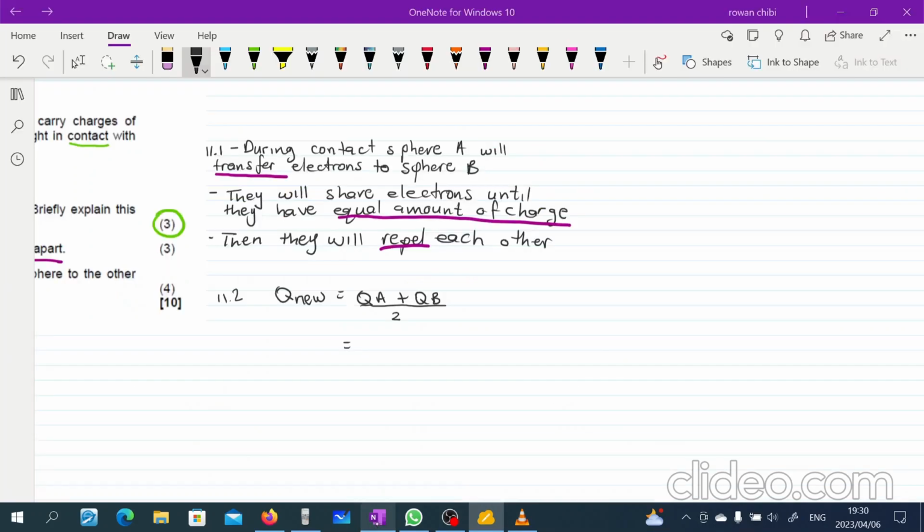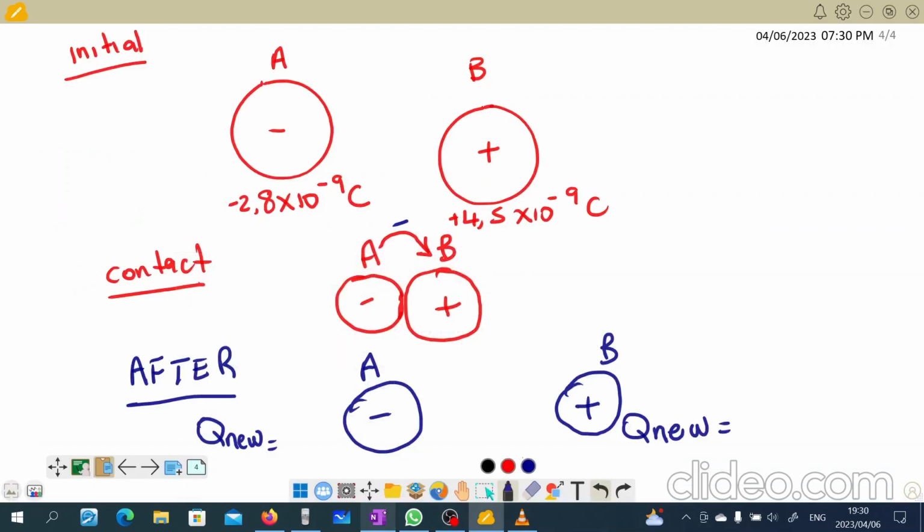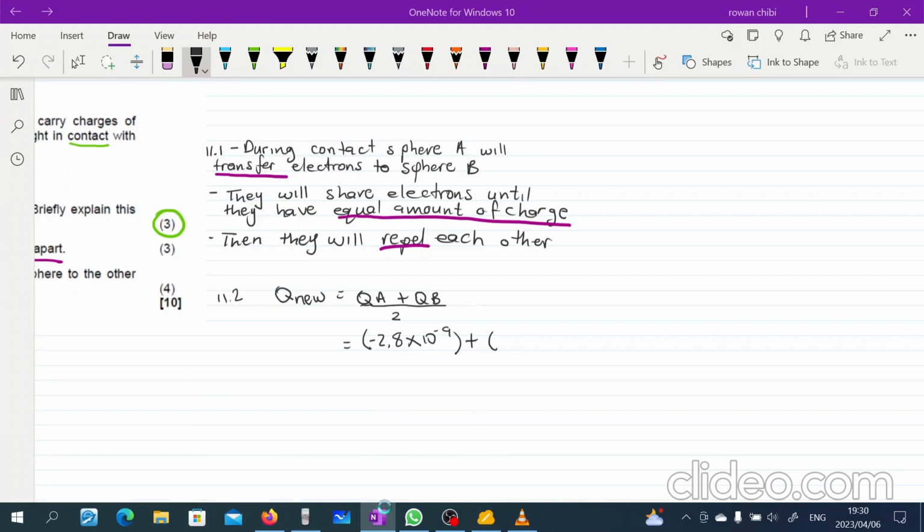It is negative 2,8 times 10 to the power negative 9. What is QB? Positive 4,5 times 10 to the power negative 9 coulombs, all over 2.